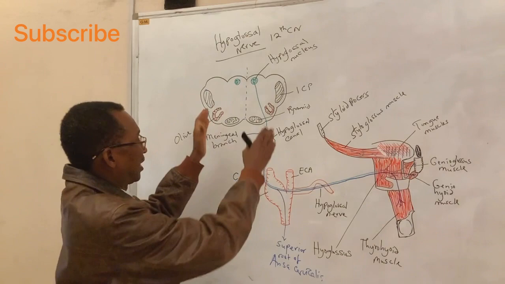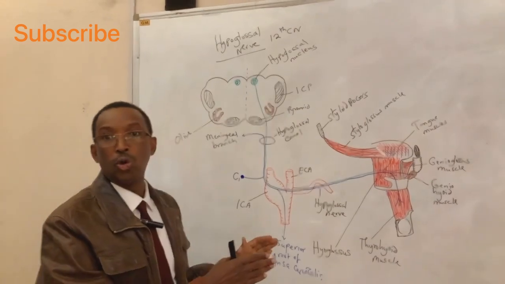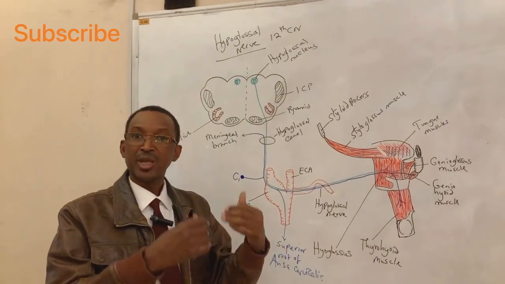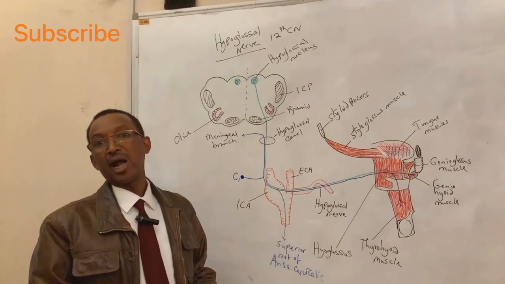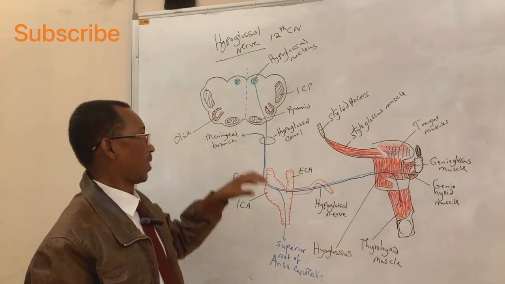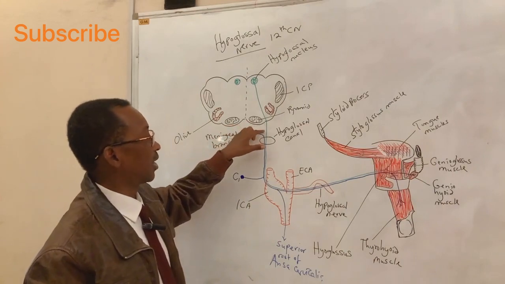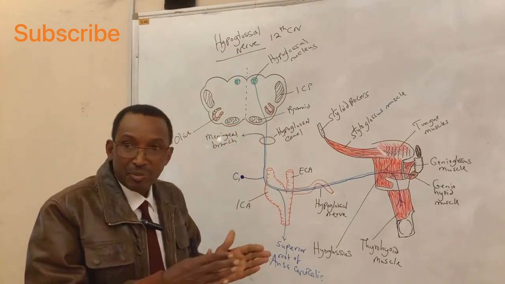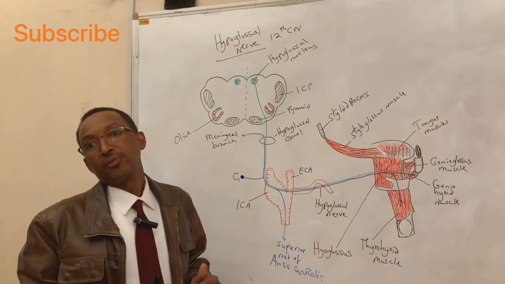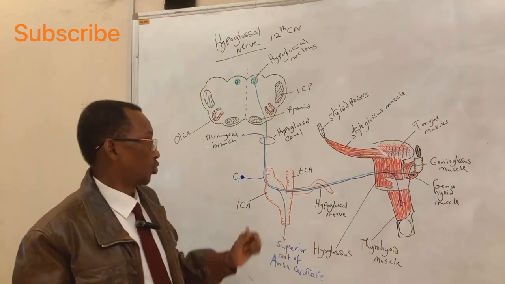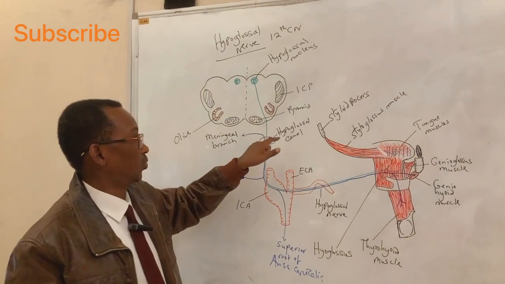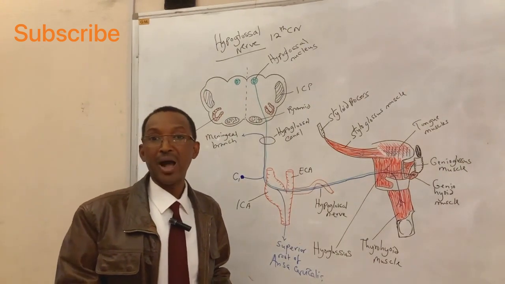Foramen magnum is a large hole through which the spinal cord and the medulla oblongata, some portion of it, pass out of it. So the hypoglossal canal is by the side of this foramen magnum. So they are situated on either side, left and the right, like that. So the canals, it is through which the hypoglossal nerve passes.